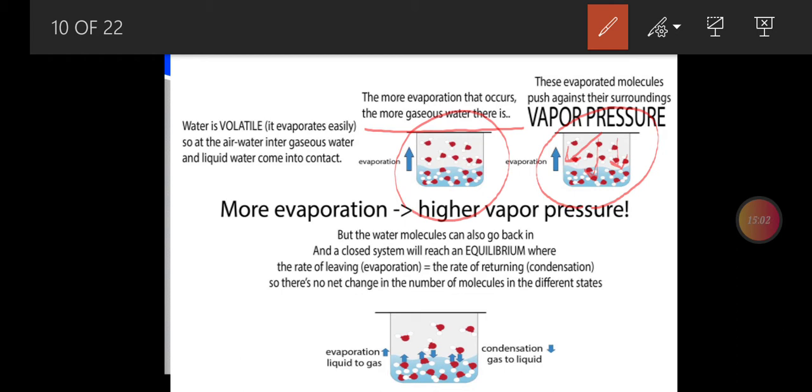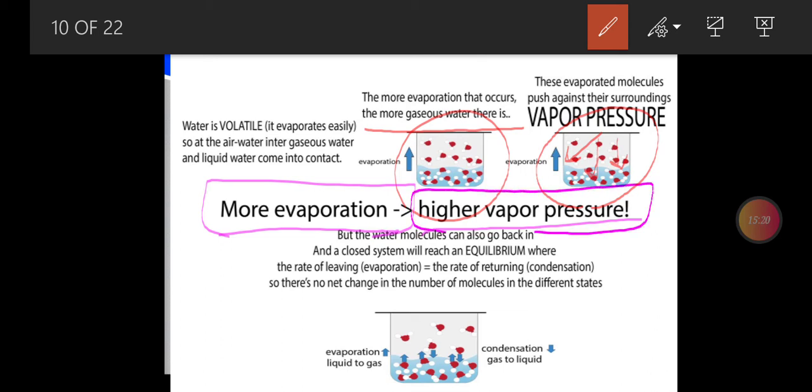So the more the evaporation, the higher the vapor pressure. More evaporation means the rate is fast, and as a result a large number of molecules exist as vapors. If large numbers of molecules exist as vapors, they put up increasing pressure, so there is higher vapor pressure.